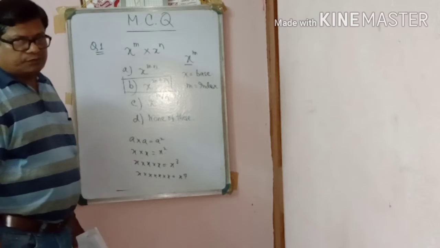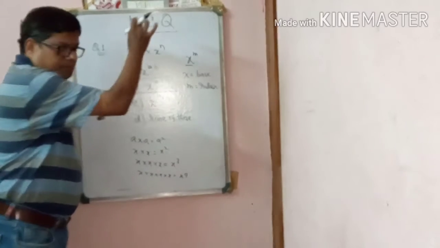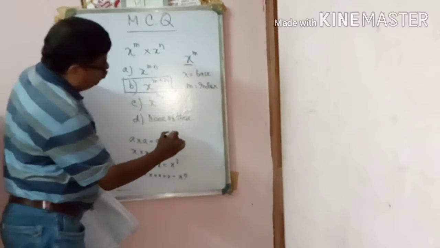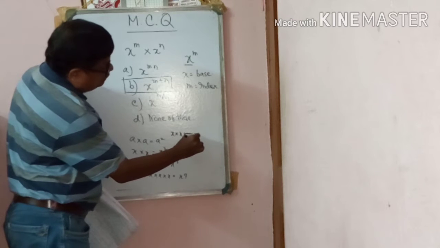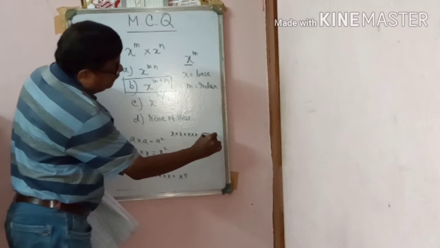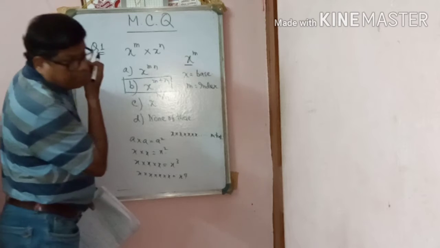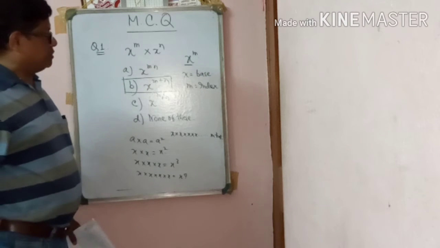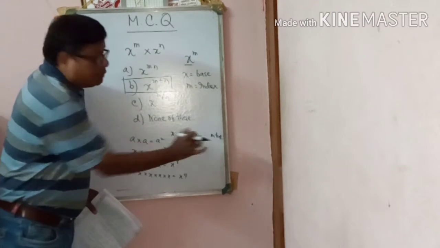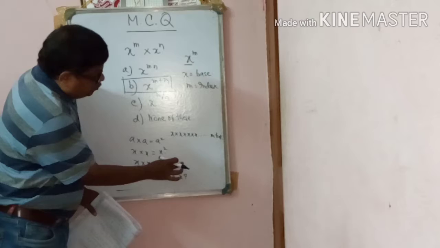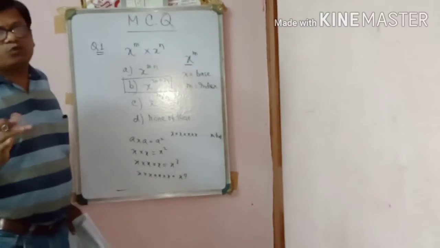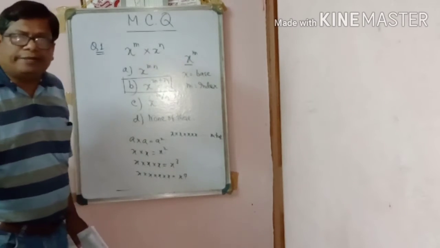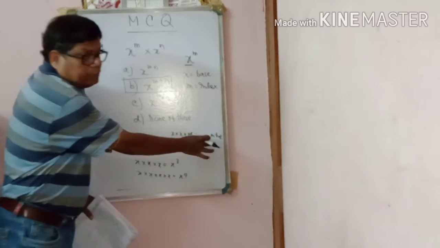Similarly, x to the power m we can write as x into x up to m times. Comparing with 3 times, 4 times, 5 times, 6 times, all are positive integers, so m should be a positive integer.